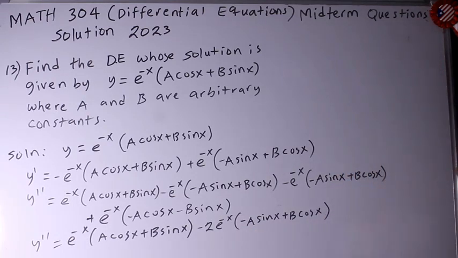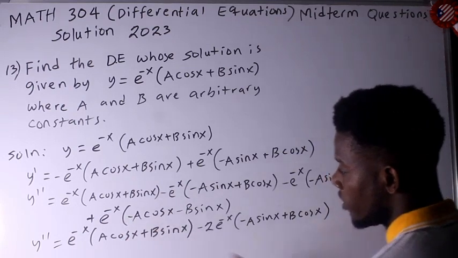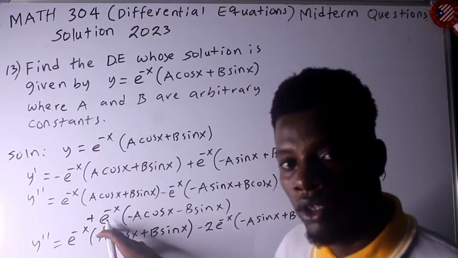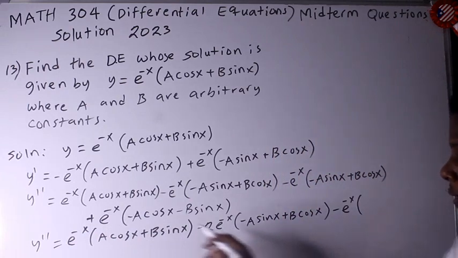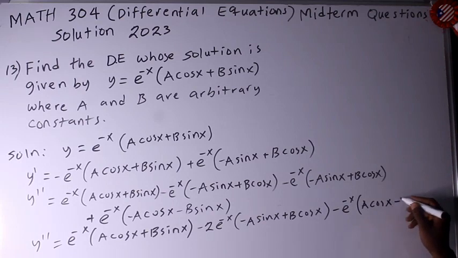Great. And then for the last expression under here, we have a negative, negative. We find out a negative. So this negative is going to affect e to the minus x. So it's going to be minus e to the minus x, parenthesis opening, this is going to be positive now, a cos x plus b sine x.